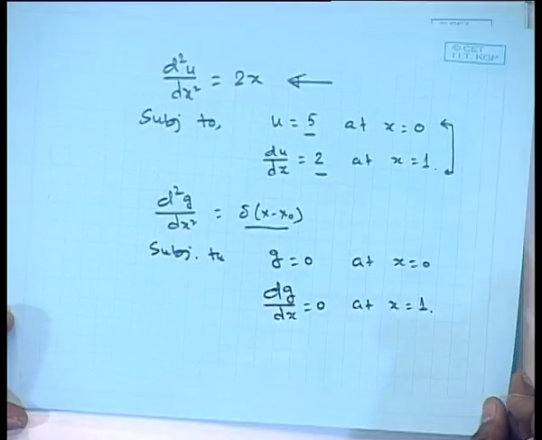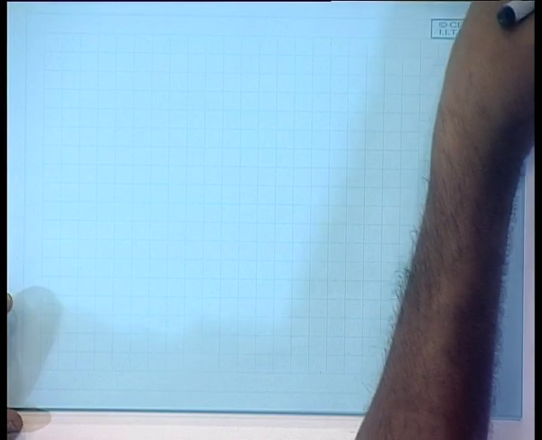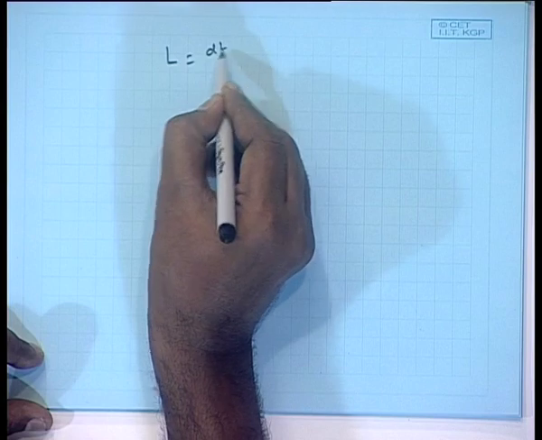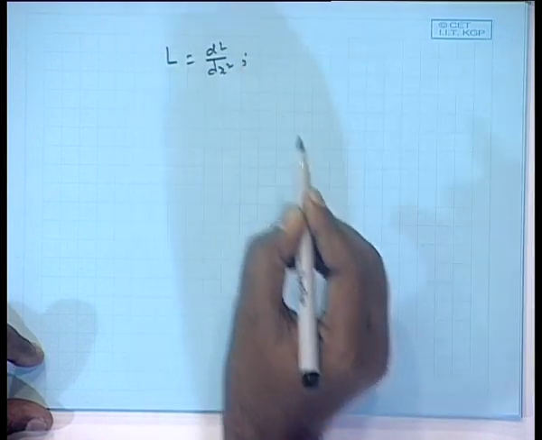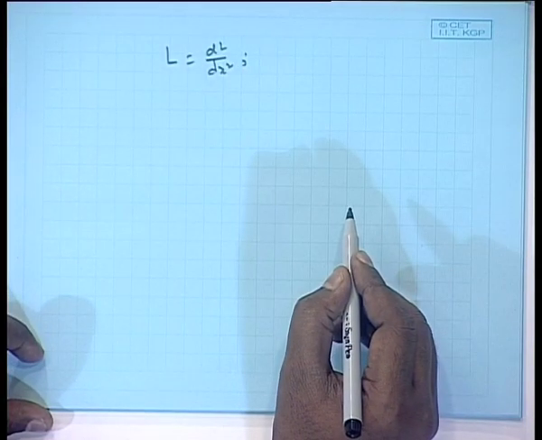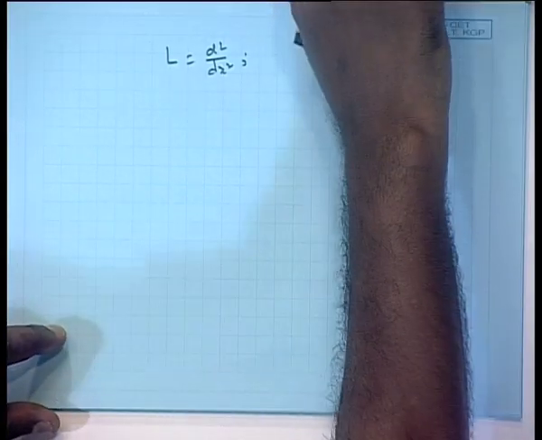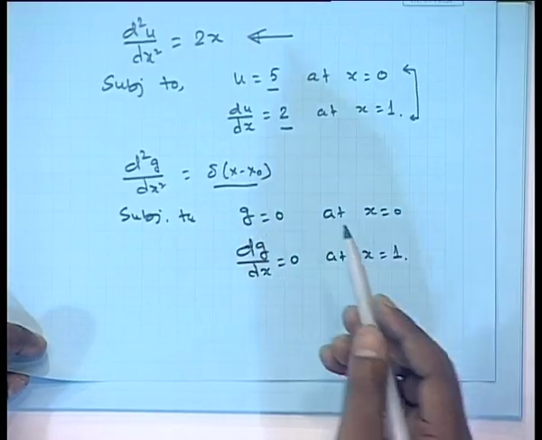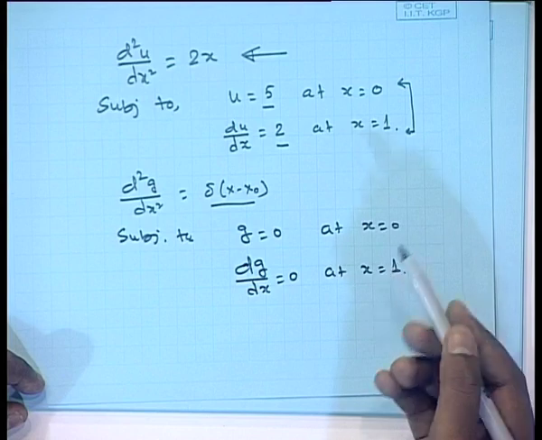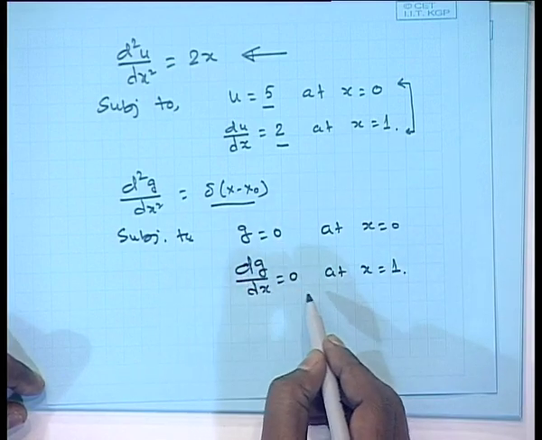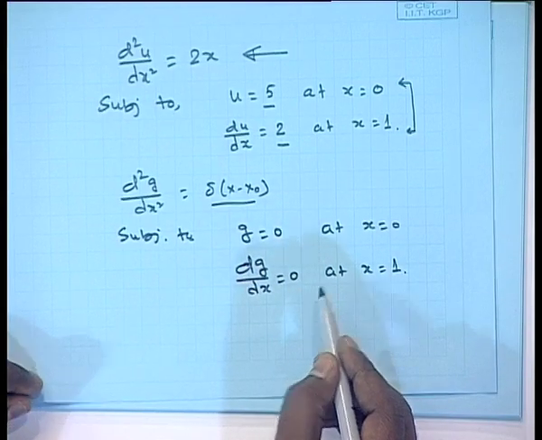Okay. So, in that case, the solution of G will be exactly same, because your L is d square dx square. It won't be exactly same, because the constants C and D will be changed because of this term dg dx equal to 0. Okay.